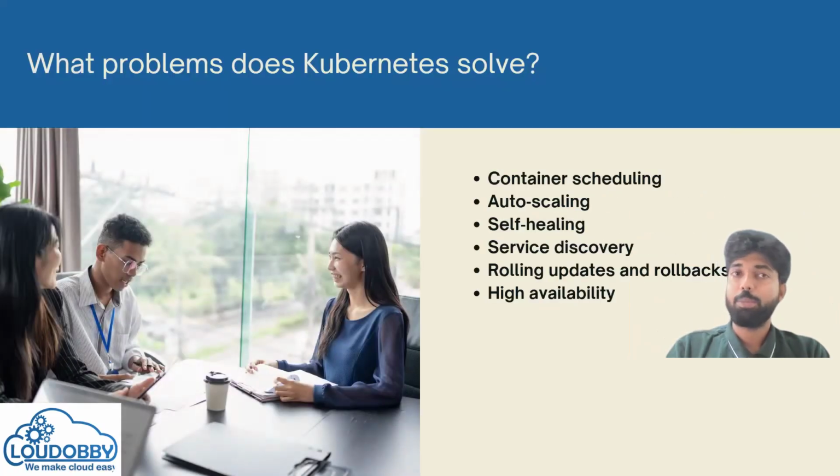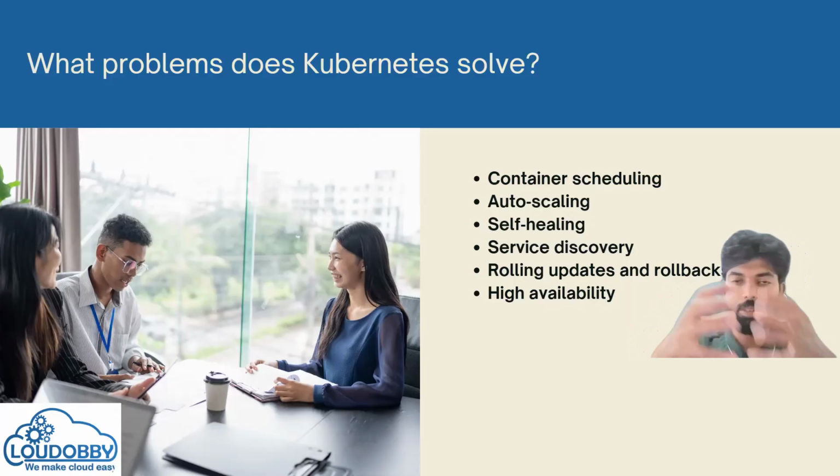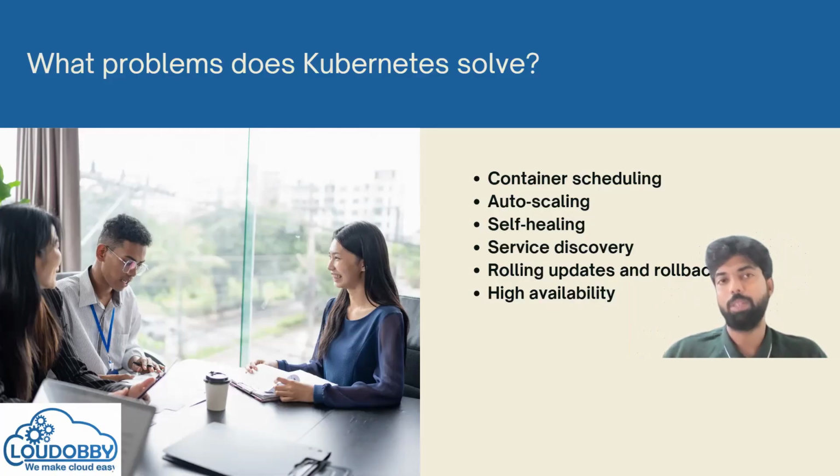What problems does Kubernetes solve? Basically container scheduling. There will be worker nodes, and the scheduler decides which worker node should run the container, like which worker node has more CPU and memory. Auto scaling: when I have a pod, it can automatically scale to, say, 5 containers, and when the load is reduced, it can come back.